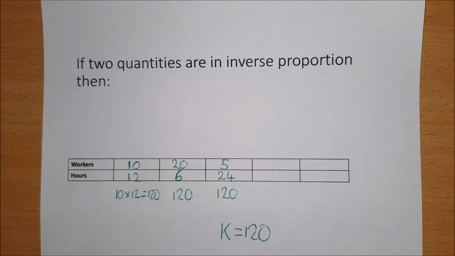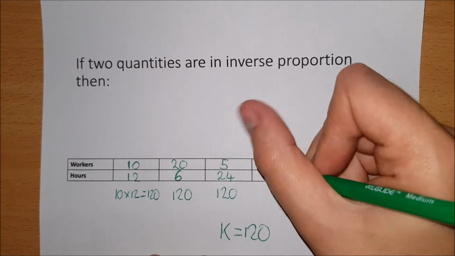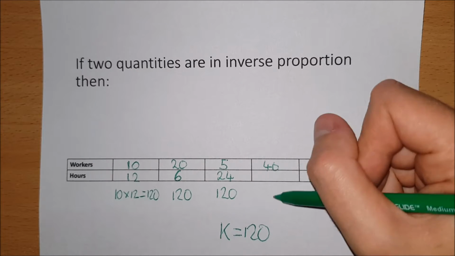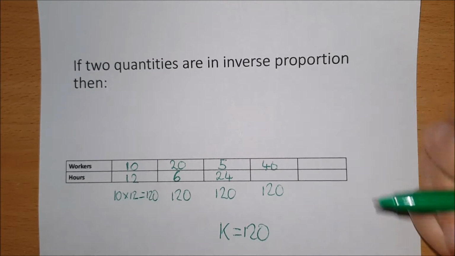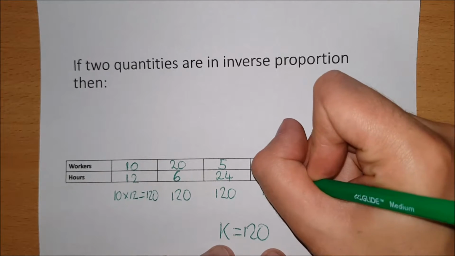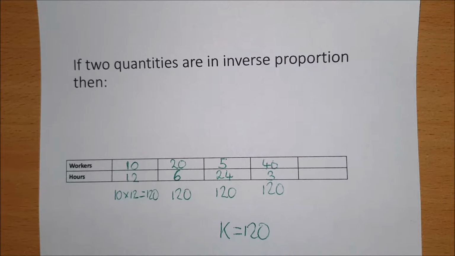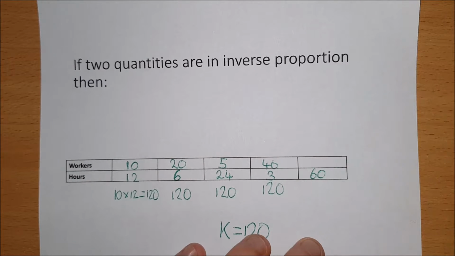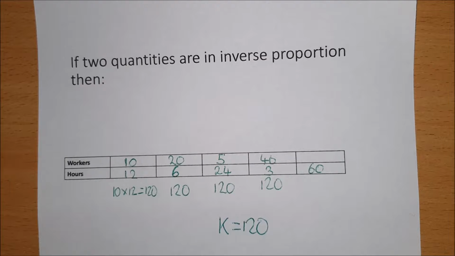So we can use this, because if we know that we have 40 workers working on a job, we know that these two numbers timesed together need to make 120. So 120 divided by 40 gives us 3 hours. We could also ask how many workers were on the job if it took 60 hours?